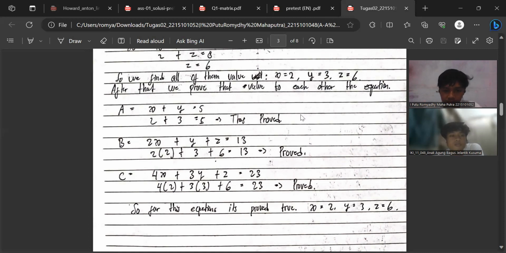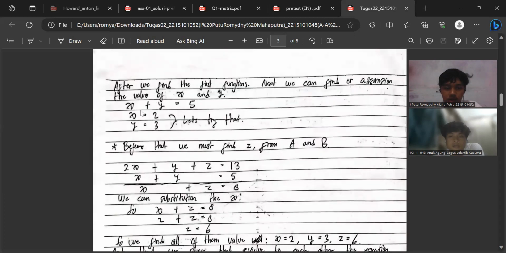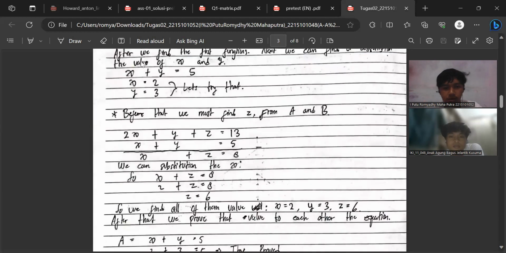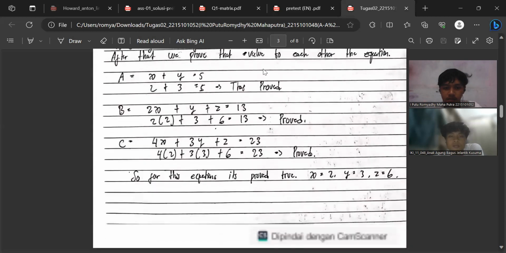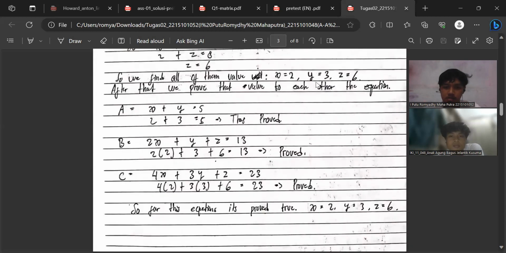Based on that, I try again, changing the values of x and y, but not equal to 5. It has the same result, but with different values of x, y, and z, and it has proved this equation like abc.